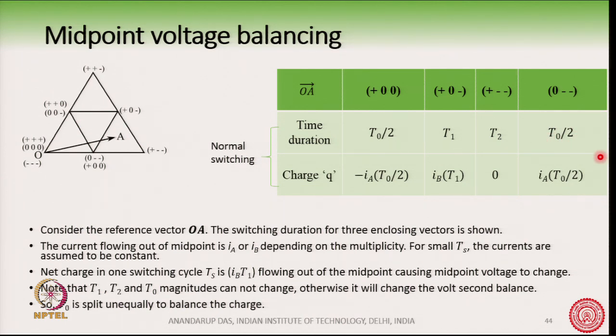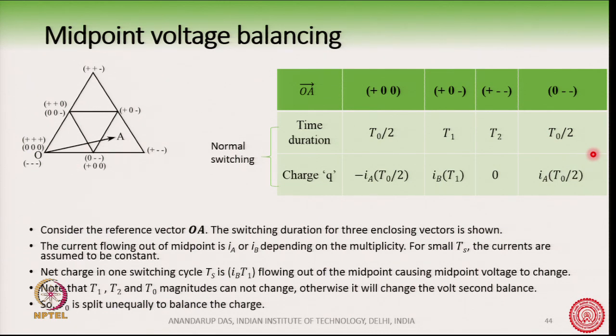If we change these timing durations to a value which is not equal to T0 by 2, for example, this is 0.5 T0, suppose we make this as 0.4 T0 and we make this as 0.6 T0, so that the sum of these two is equal to T0.